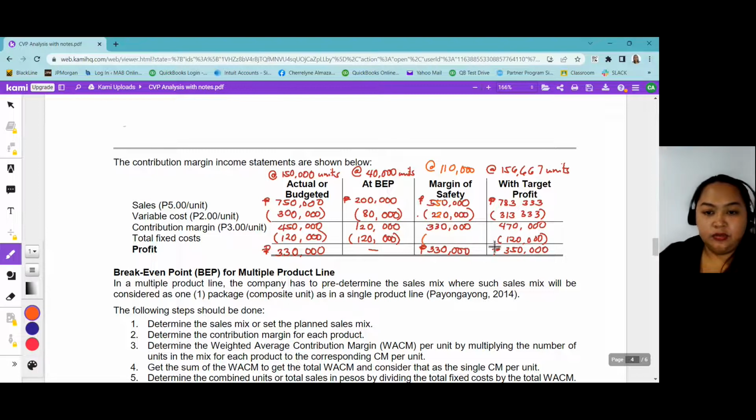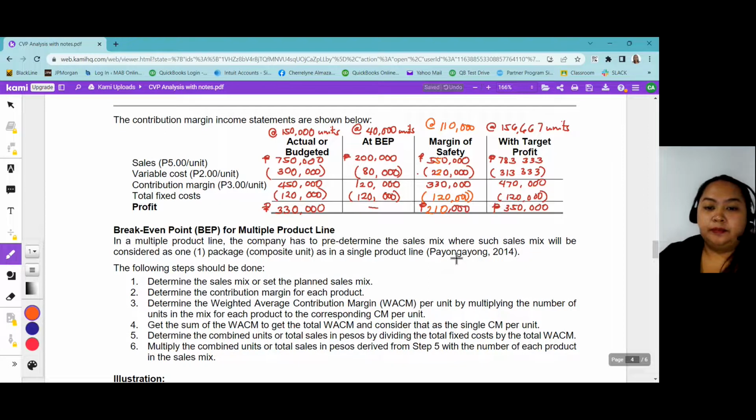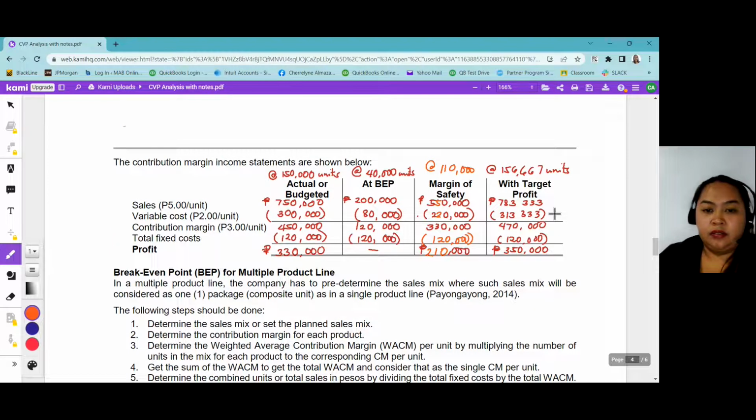I-less natin yung fixed cost na 120,000. Your margin of safety profit is at 210 pesos. Okay? So, please correct your handouts. Ito po ang computation natin. Okay? Next. Okay.